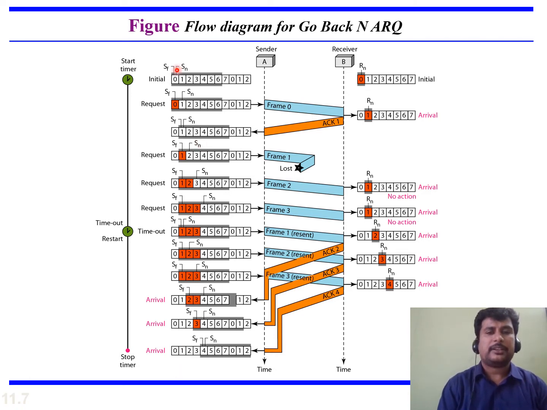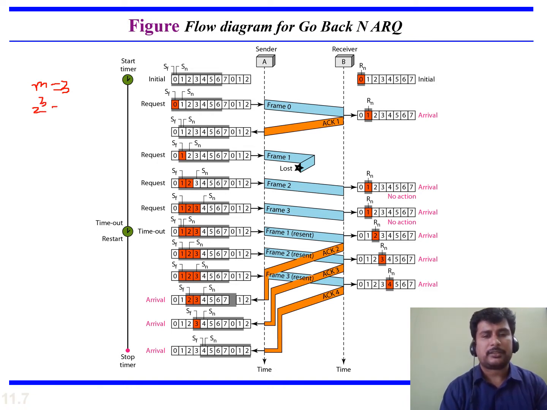Here, initially, we would like to send a frame 0. For this example, we are taking the value of m equal to 3. So, the number of bits to represent the sequence number is 3. The total combinations available are 2 power m, which is 2 power 3.